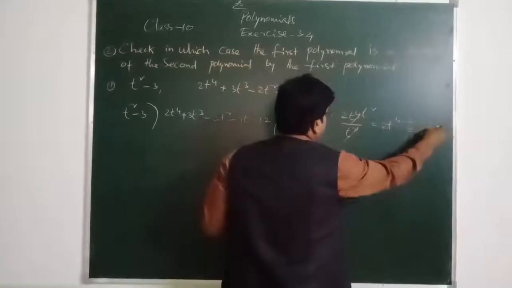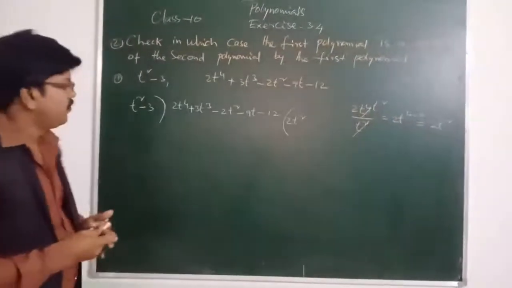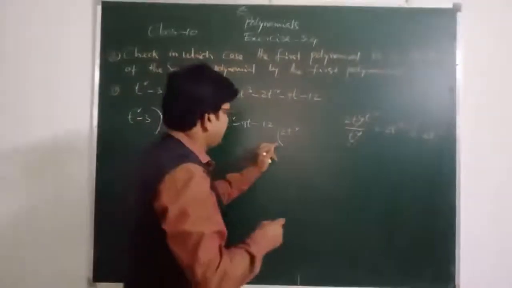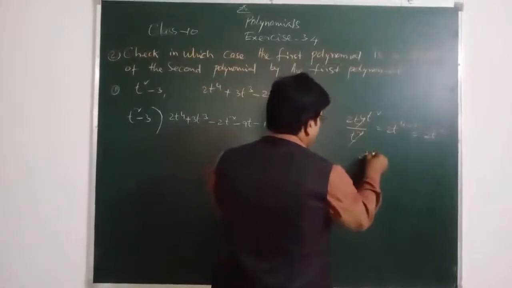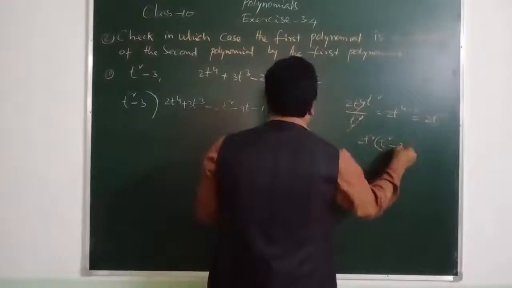We write 2t square, the first term of the quotient. Now multiply 2t square into t square minus 3.